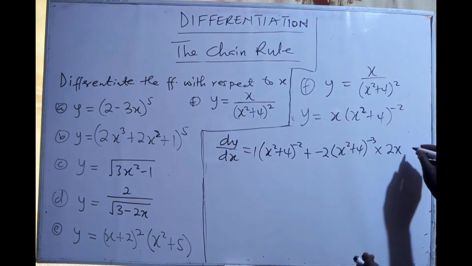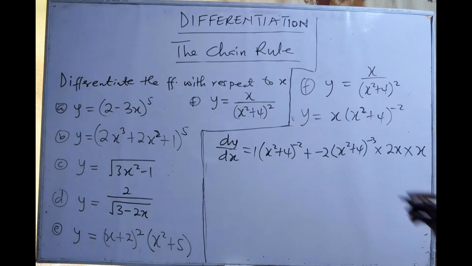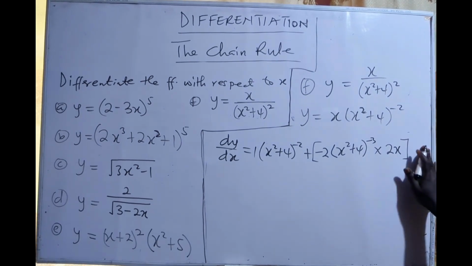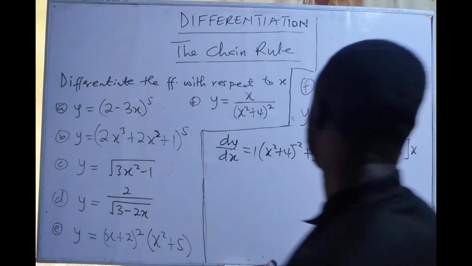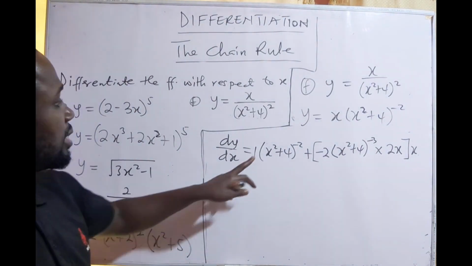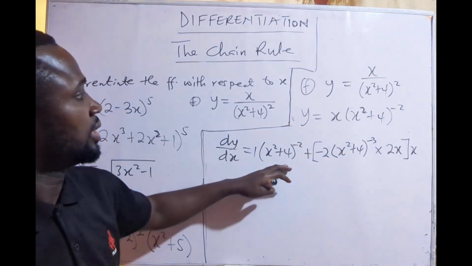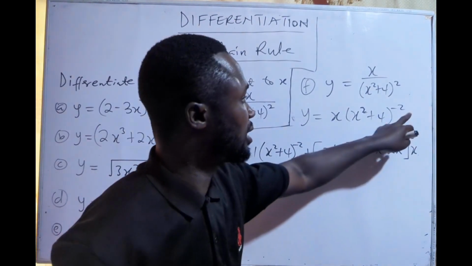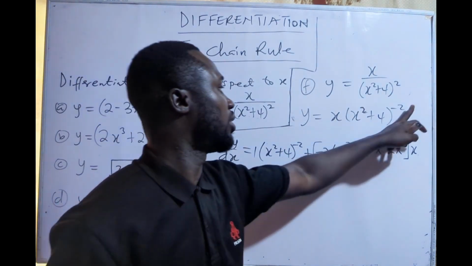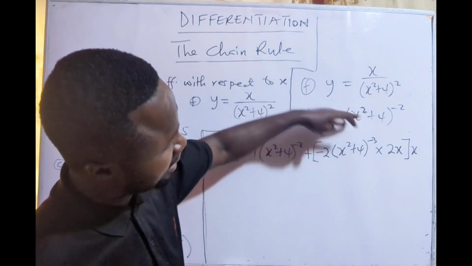Then I'll multiply by the x. Remember, all this is multiplying the x. That is how it should be. So I differentiate this, and I have done that. Then I maintain this. Then after that, differentiate this, applying the chain rule: negative 2 will multiply (x squared plus 4) exponent negative 3, times the differentiation of the bracket, which is 2x, then multiply by this x.